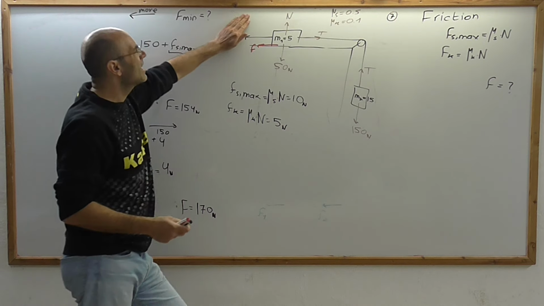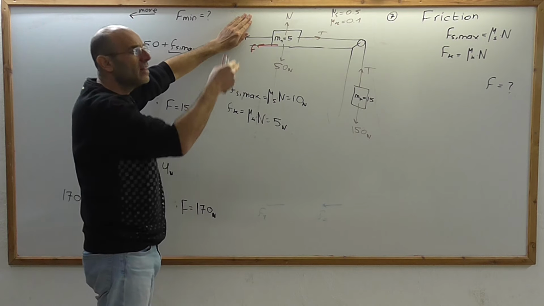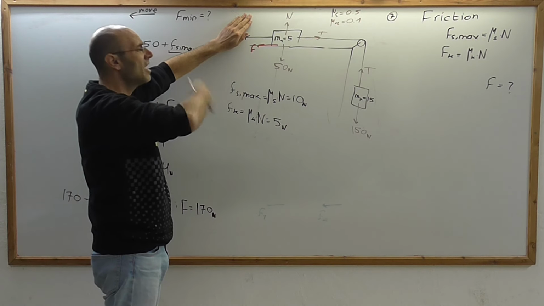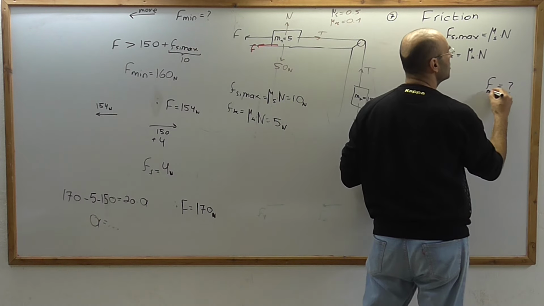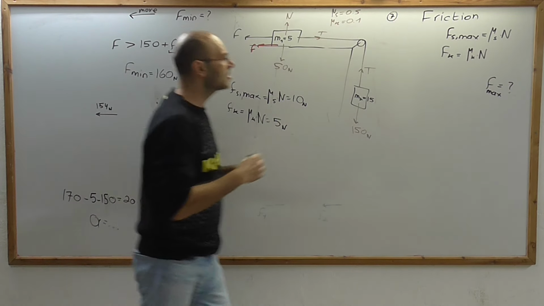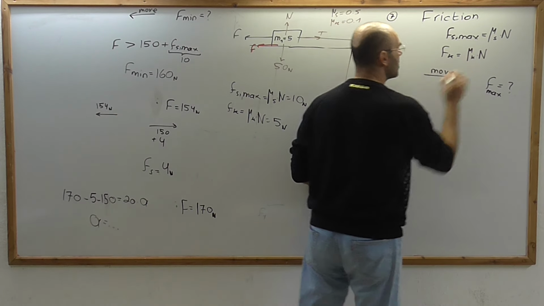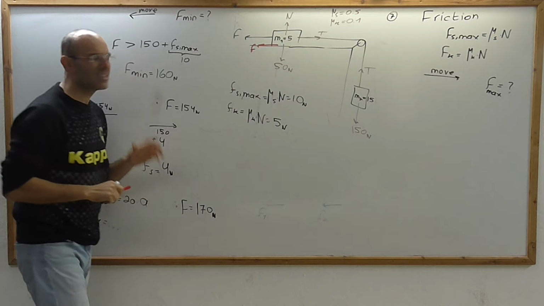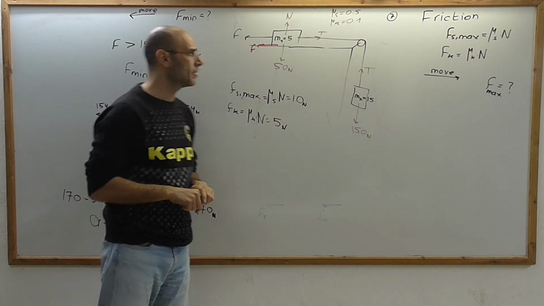Now, obviously I can put no F at all, it will be easier. I can put a little higher, it will be harder. Higher, harder, harder. I want the F maximum allowed for this system to accelerate, to move that way. What is the F maximum that I can apply here and the system will move that way?